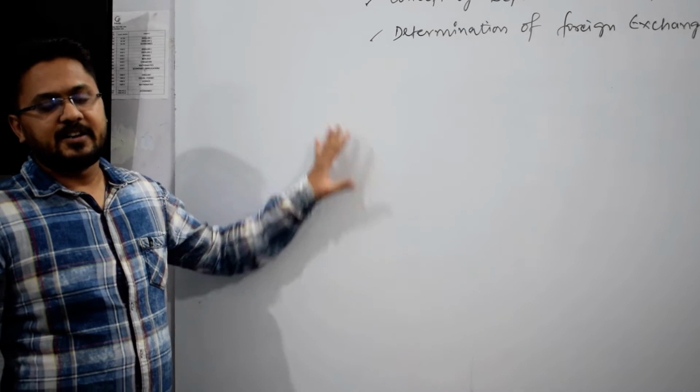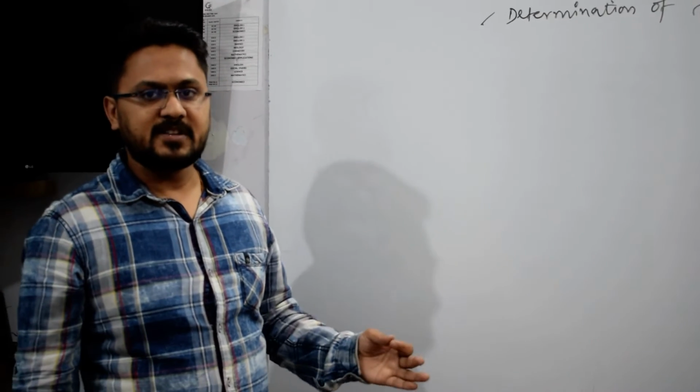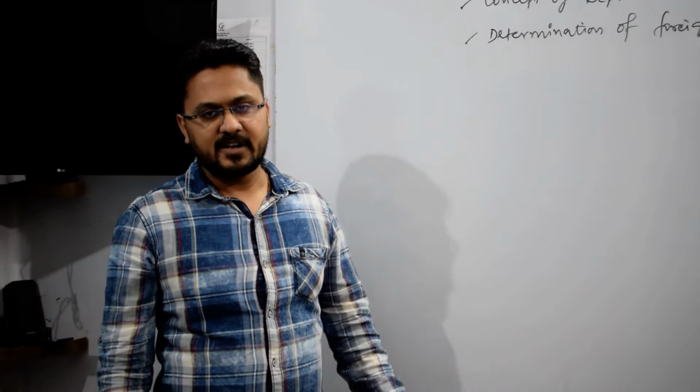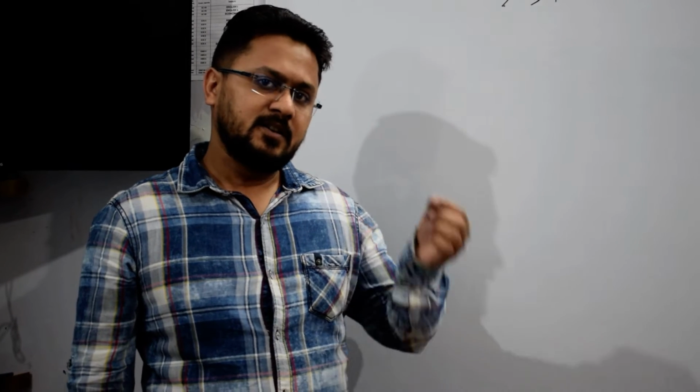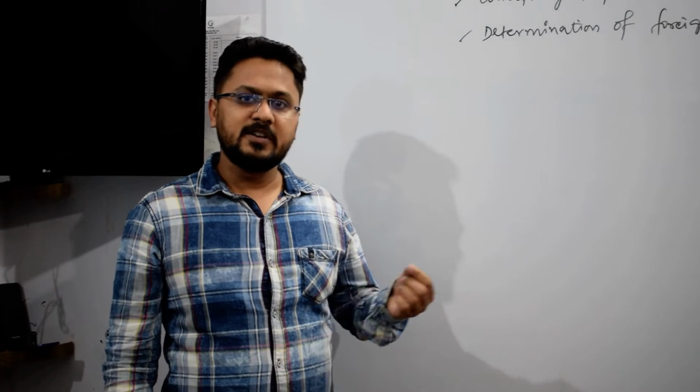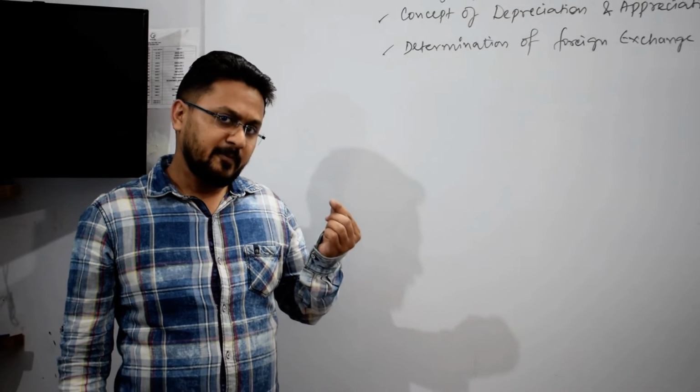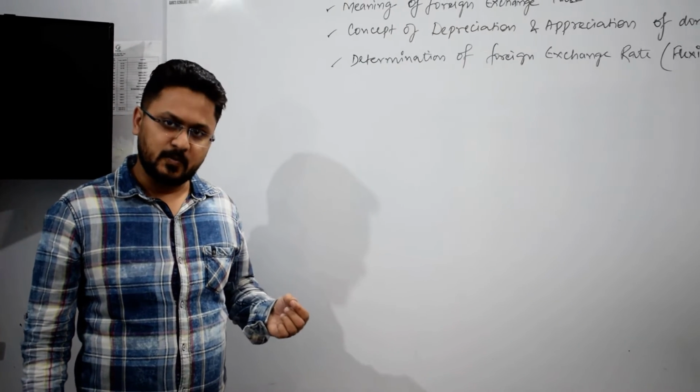Foreign exchange rate refers to the number of units of the domestic currency required to acquire 1 unit of the foreign currency. For example, in today's foreign exchange market, to acquire 1 Saudi riyal, we need to pay 20 Indian rupees.